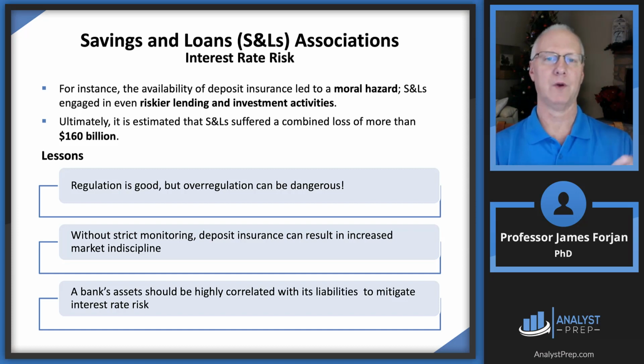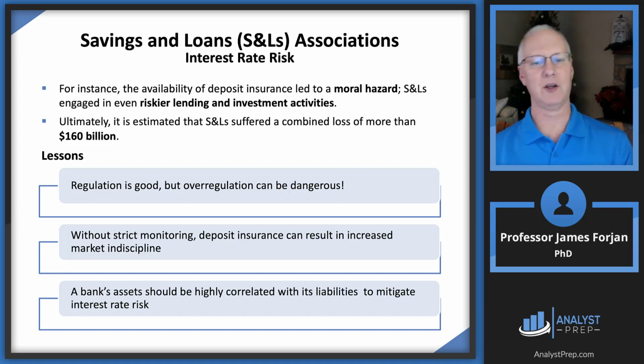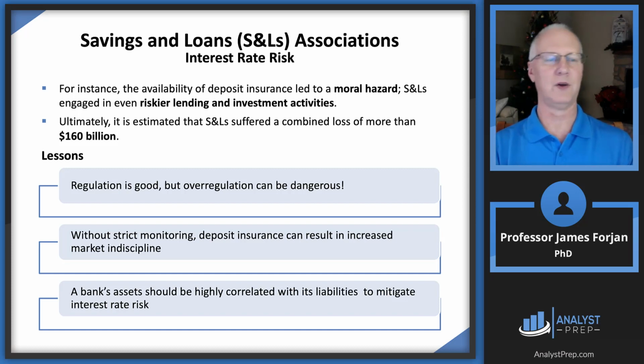And then we have to worry about the decoupling of the value of the assets and the value of the liabilities. This is why we spend so much time on asset liability management, because, boy, if there was a perfectly one-to-one correlation between those two, then we wouldn't have to worry about any of this stuff occurring. But of course, that's not the case.